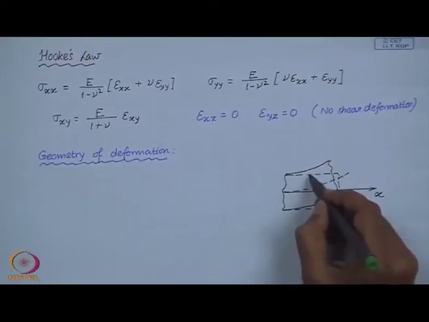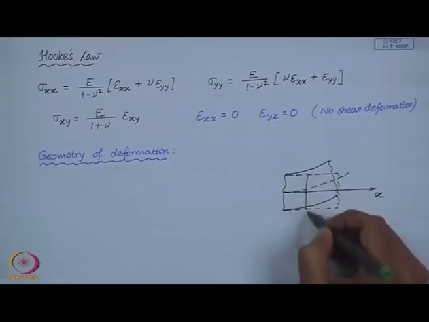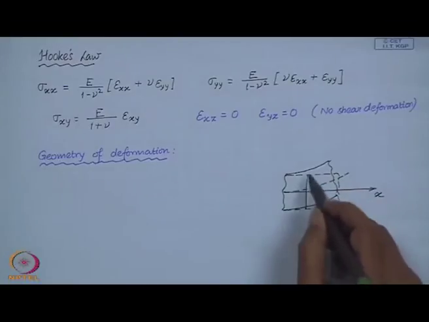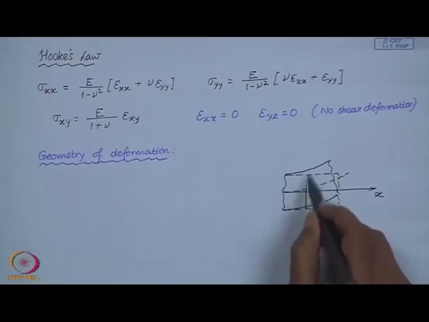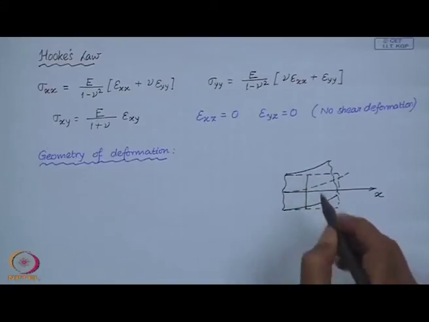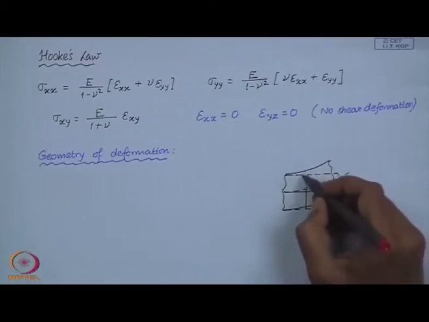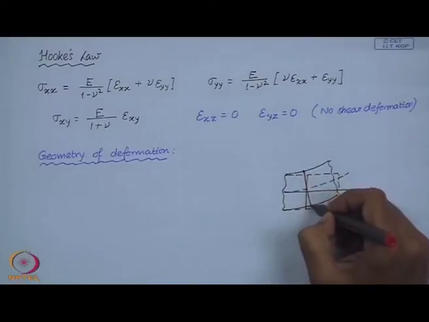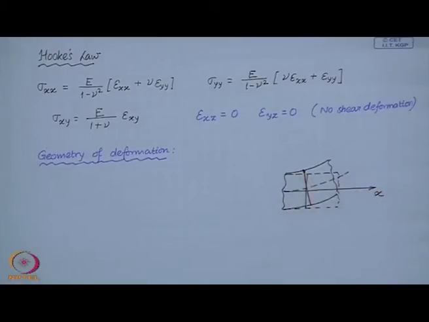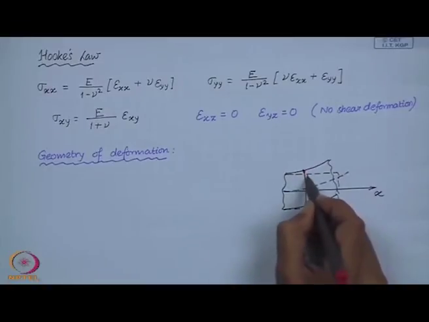So, if this is a line which is initially along the z, so it is vertical, then this line deflects to this configuration.